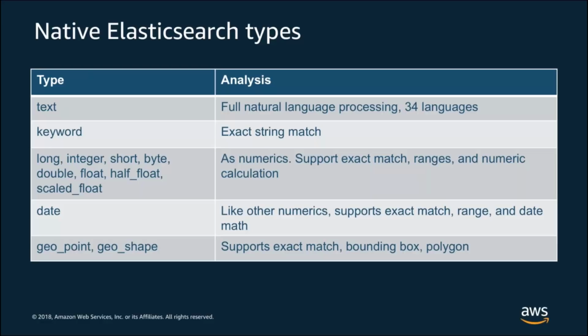And Elasticsearch, when I specify a text field, applies full language processing across 34 different possible languages to provide the targets for search. The keywords are similarly a string type, but they do provide an exact match, right?